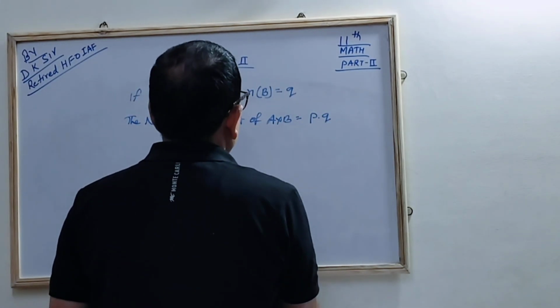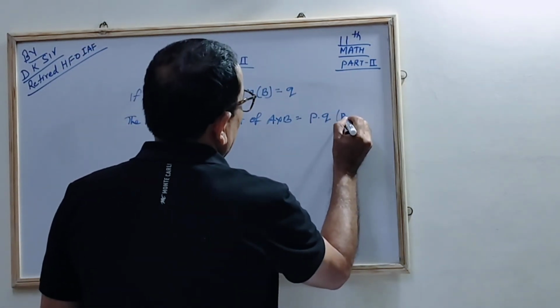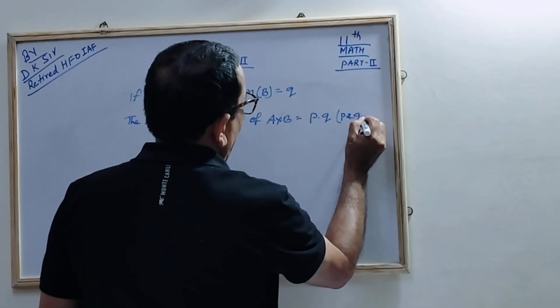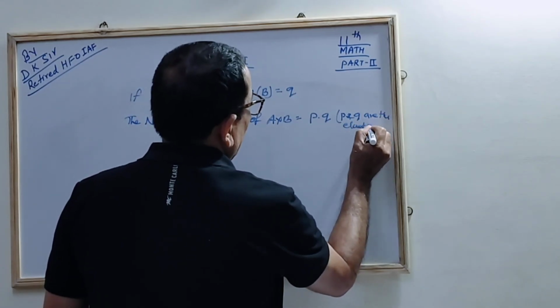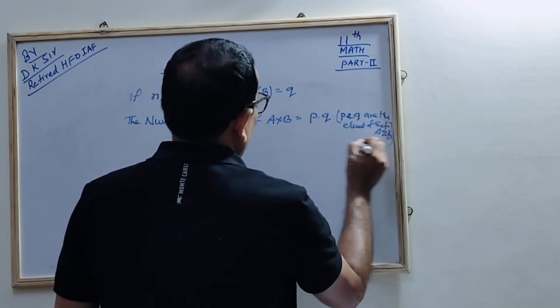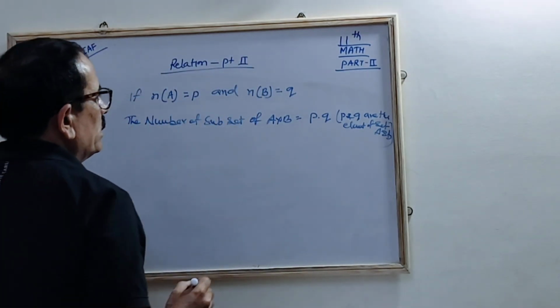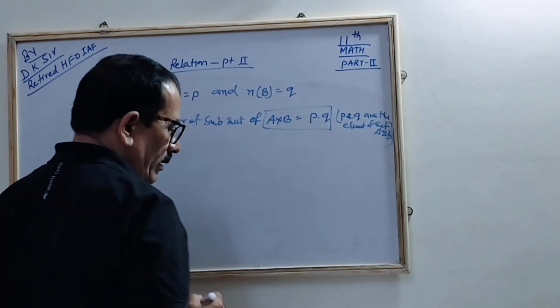Remember, p and q are the numbers of elements of sets A and B. Understood? So this becomes the formula, and you can calculate it.